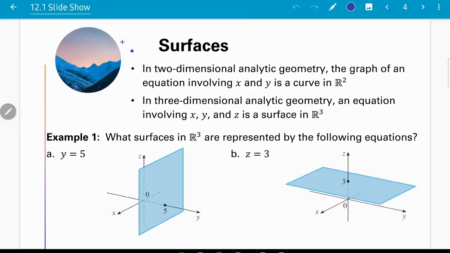Similarly, the plane z equals 3 is a plane parallel to the xy plane that intersects the z-axis when z equals 3.